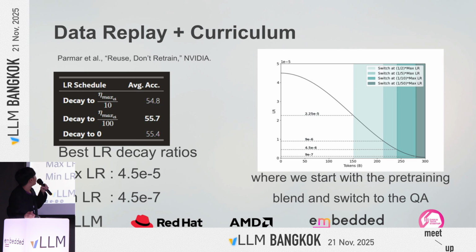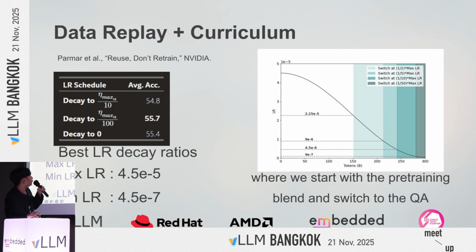This paper experiments on the LR decay ratio, where the base ratio is max LR over 100. As you can see, if I use a max LR of 4.5e-5, the min LR is divided by 100, which would be 4.5e-7.